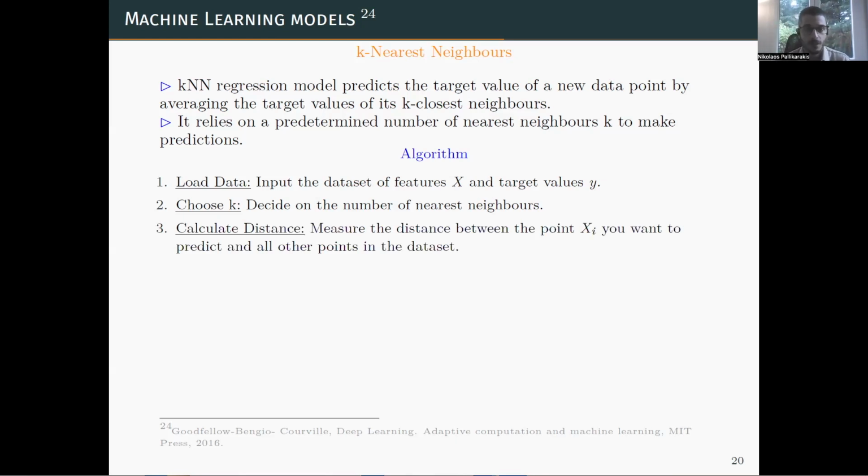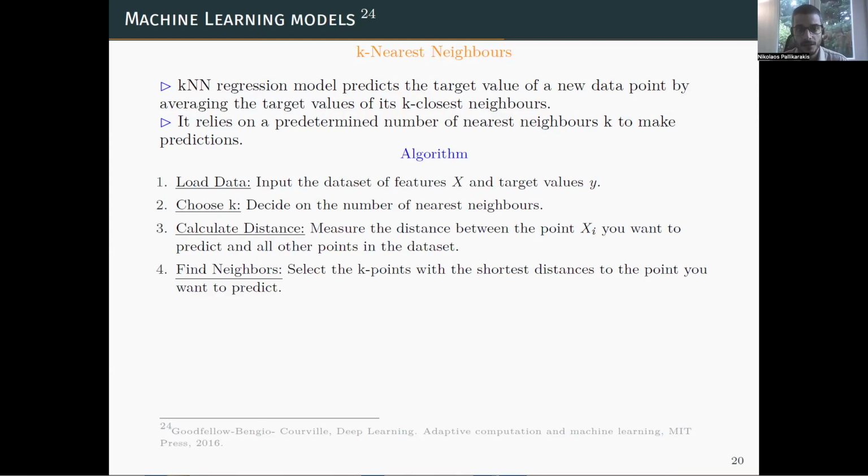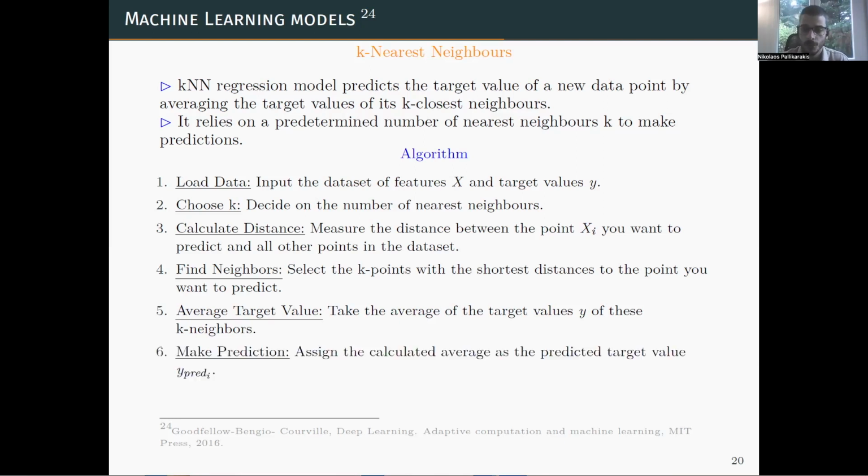Then for each input point xi, which would be a vector of eigenvalues, we measure the distance between this input and all other points in the data set, and select the k shortest distances. Then the prediction is the average of the target values y of these k closest neighbors, and we assign this average as the predicted target value for y.